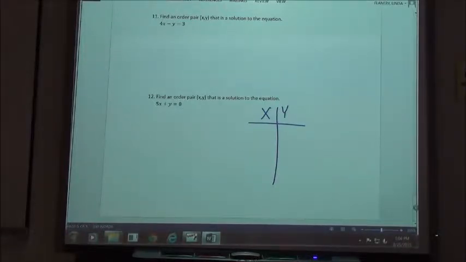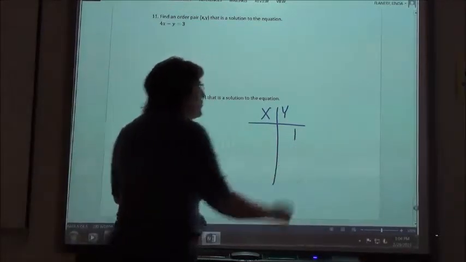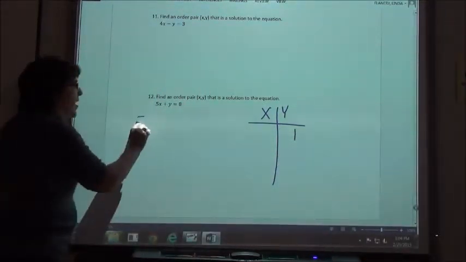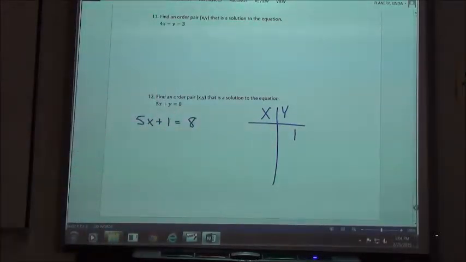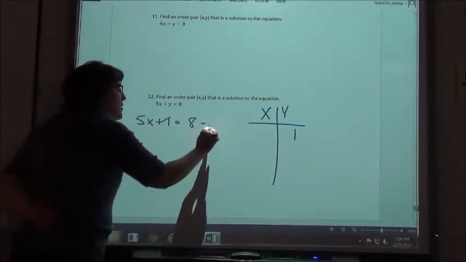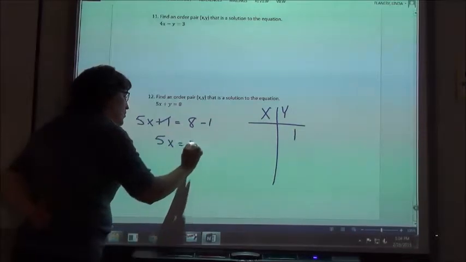Sarah, you going to give me a number? 1. What do you want to put the 1 in, for the x or the y? For the y, okay? We're going to have y equals 1. So, 5x plus 1 is going to equal 8, right? I got to solve that. So to solve that, I'm going to minus the 1. 5x equals 7.